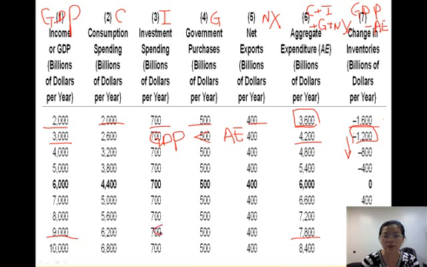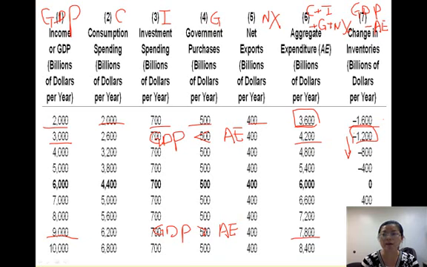And there's another level of GDP, that is 9,000, while aggregate expenditure at this time is $7,800. What does it mean? GDP is more than the aggregate expenditure. People earn $9,000, but they only spend $7,800 on goods and services, which is less than the total income. The economy produces a lot of goods, but only part of the goods are sold, and this causes an increase in business inventory.